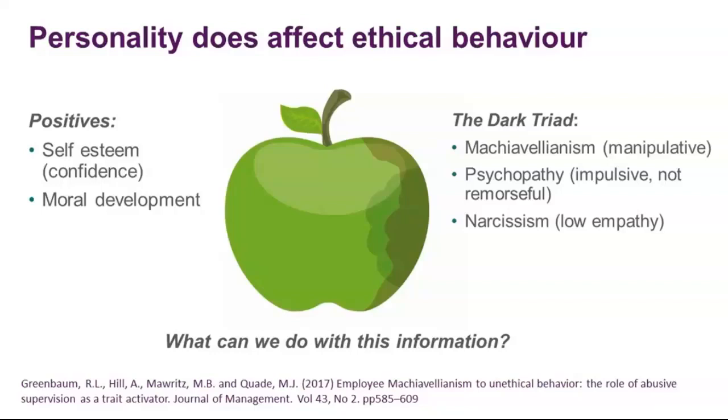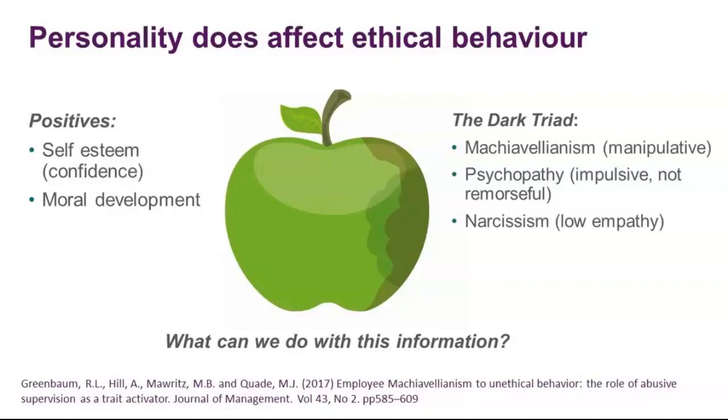So the dark triad is 3 sets of personality traits, which include Machiavellianism. This is about disregarding morals, being willing to manipulate, deceive, lie, being less concerned with morals in the first place.